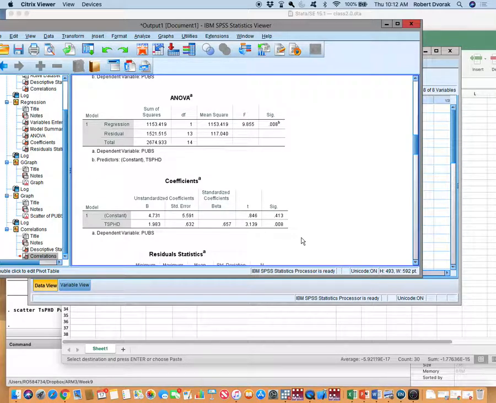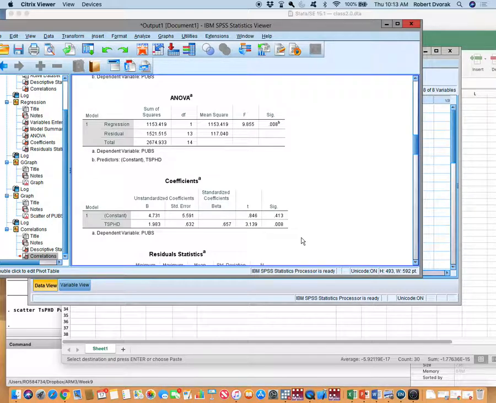How many publications should you have if you are 8.7 years since getting your PhD? 8.7 years times 1.98 plus 4.7. Plus 4.7, okay.